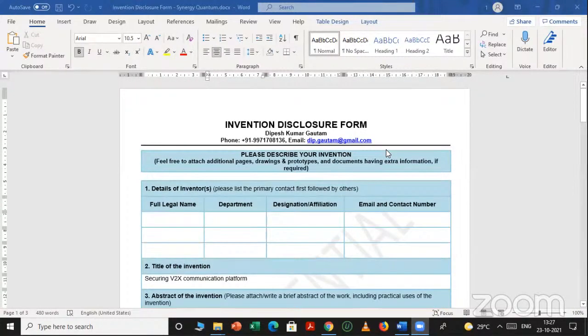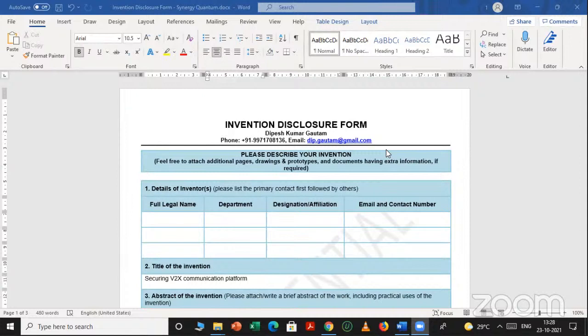Before going to start about this topic, Invention Disclosure Form, I want to point out certain statistics related to research in academia, or we can say research in general around the world. If we talk about India and Indian universities, I will say that less than 10% of universities regularly file patents related to their invention, related to the research topic, related to their specialization.